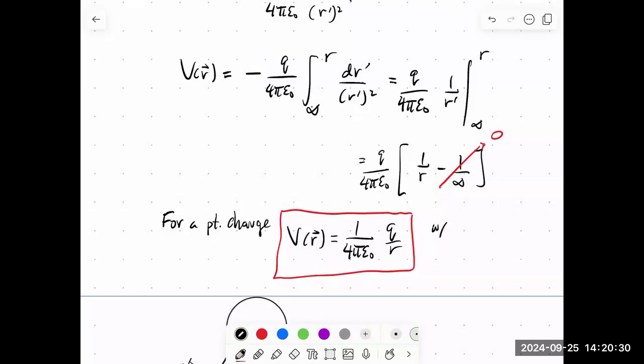This is with V equals 0 as r goes to infinity. This is probably a familiar result that you've seen before. It's reminiscent of the electric field, except there are differences. One is that this is a scalar function, so there's no direction, no r hat. And instead of 1 over r squared, this goes as 1 over r.